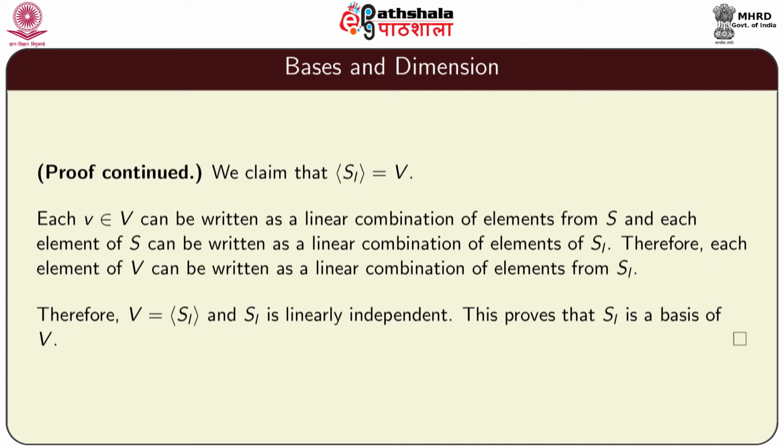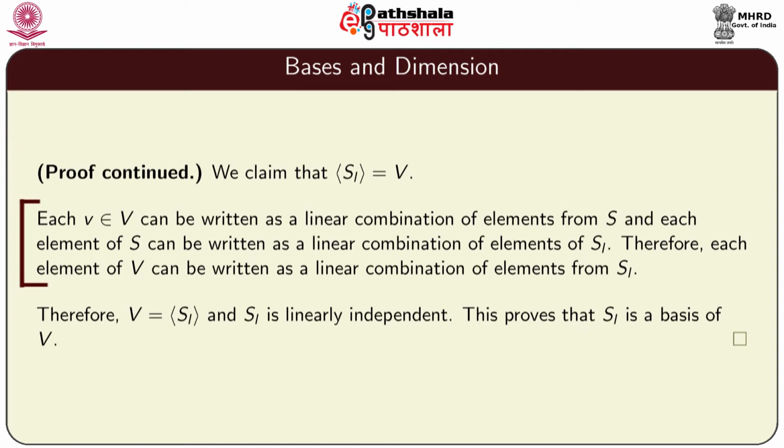Why is that so? Each vector v in V can be written as a linear combination of elements from S, and each element of S can be written as a linear combination of elements of SL if S is contained in the span of SL.